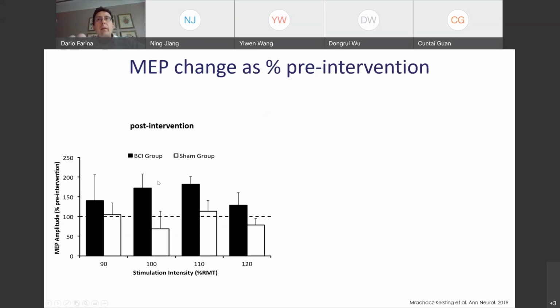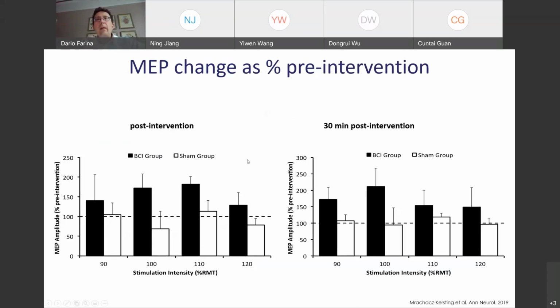And this was clearly different from the sham group, the group who didn't receive the associative BCI. And the difference between the two groups was clearly evident. And also 30 minutes post each intervention, we have the maintenance of elevated cortical excitability in the intervention group, BCI group, and not in the sham group.